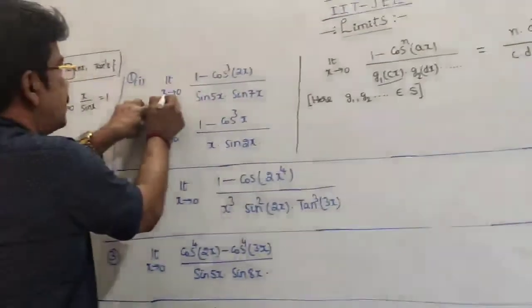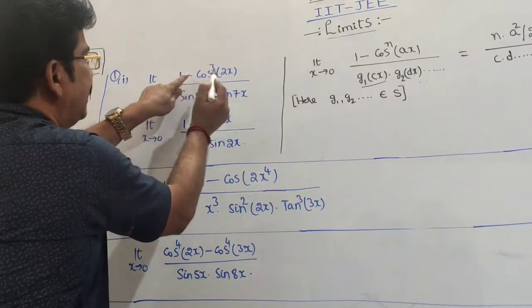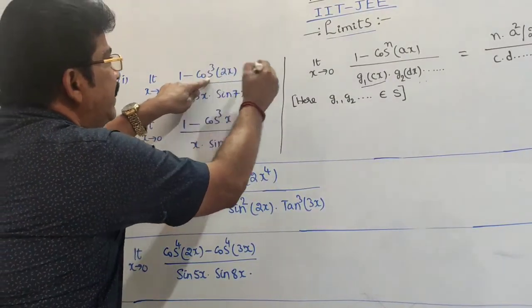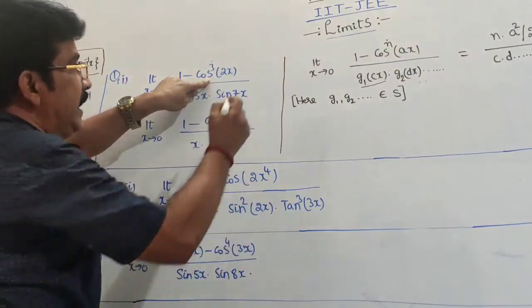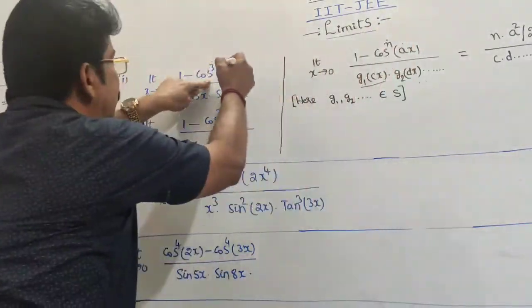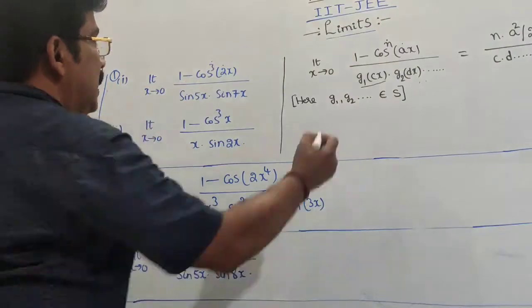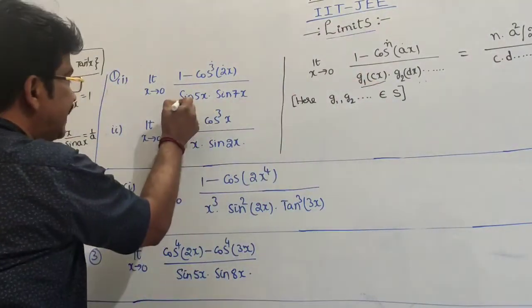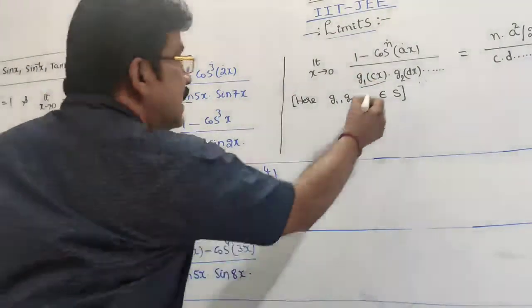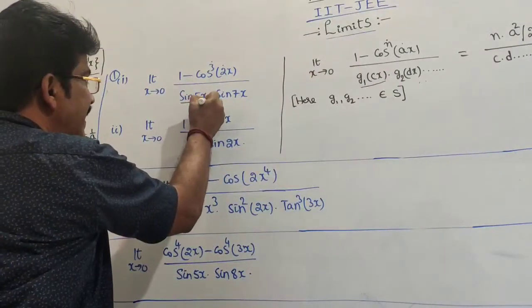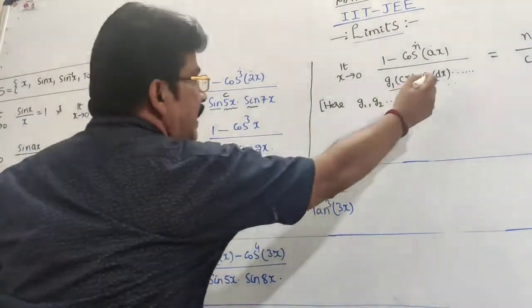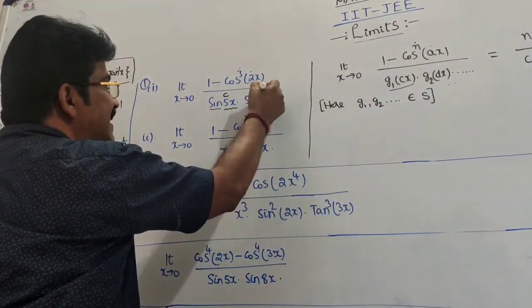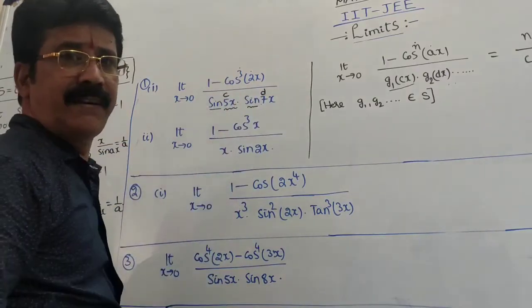Here limit x tends to 0, 1 minus cos cube, which means instead of n, 3 is there, instead of a, 2 is there. g1 is the sine function, cx means 5x, so c is 5. Next g2 is another sine function, dx means 7x, so d equals 7.